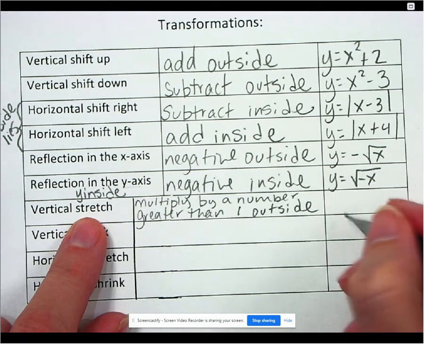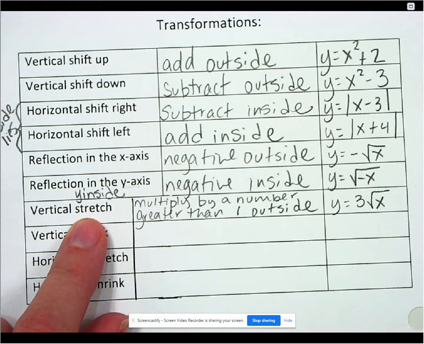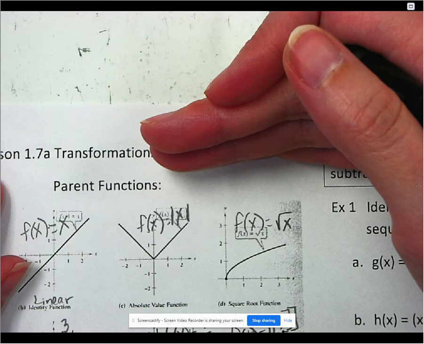So that would be like y equals 3 times the square root of x. That would make the graph of the square root of x be 3 times as tall.